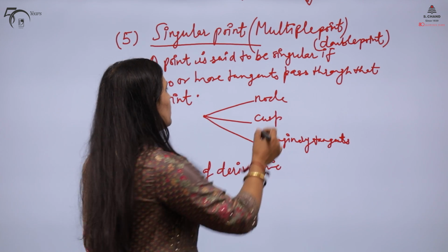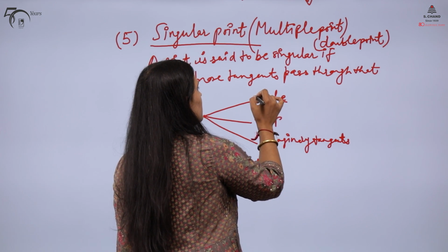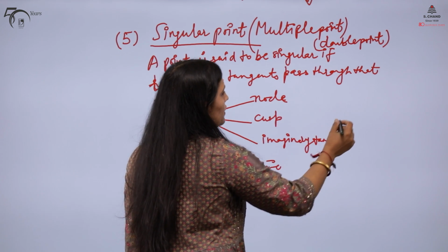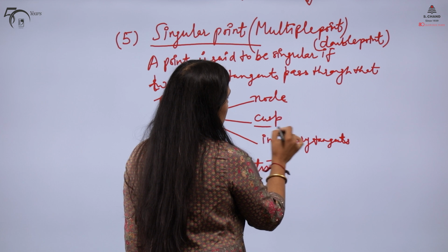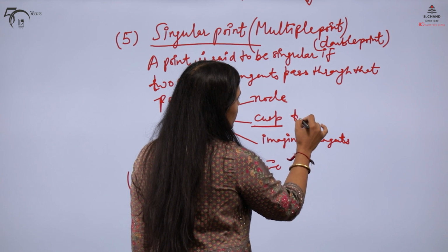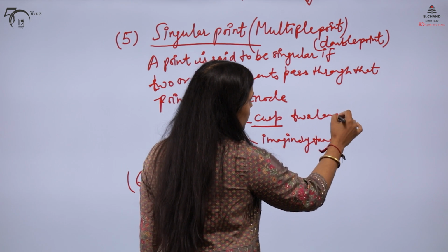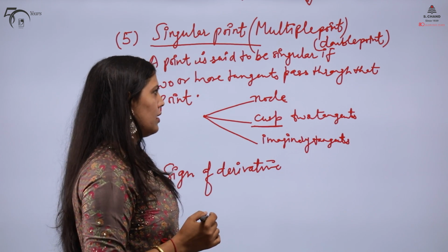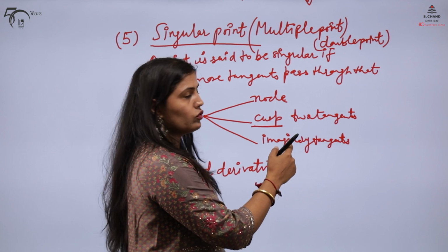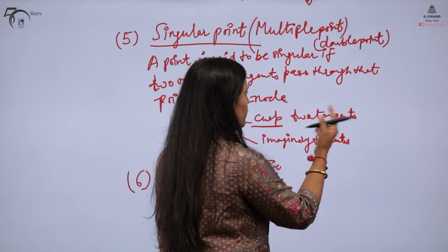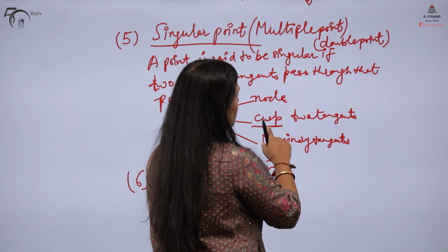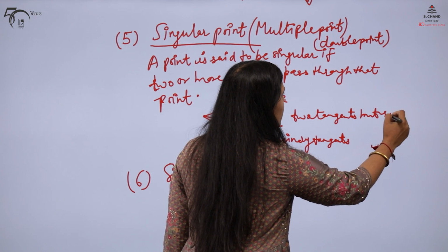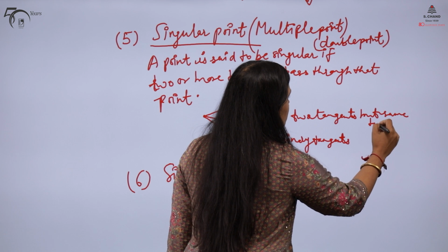Node and cusp, what does it mean? It means your singular point is a node or your singular point is a cusp. For a cusp you will get two tangents. Tangents we have discussed in our earlier lectures, so you can refer to those lectures to understand how we find tangents. So for a cusp, two tangents, but both are the same.